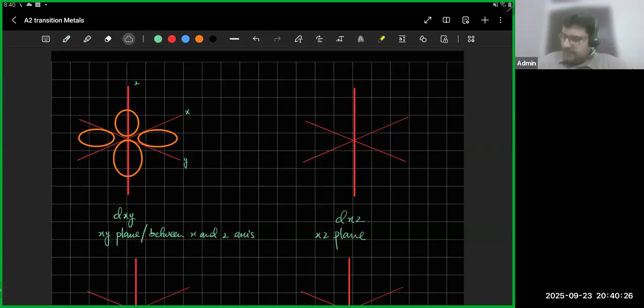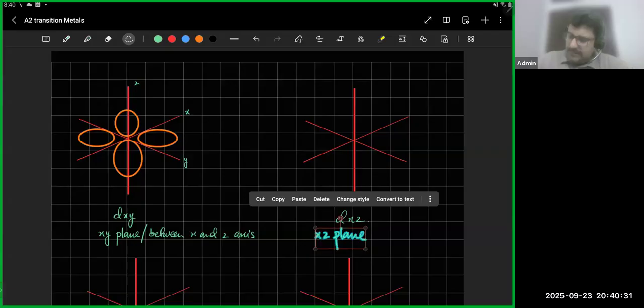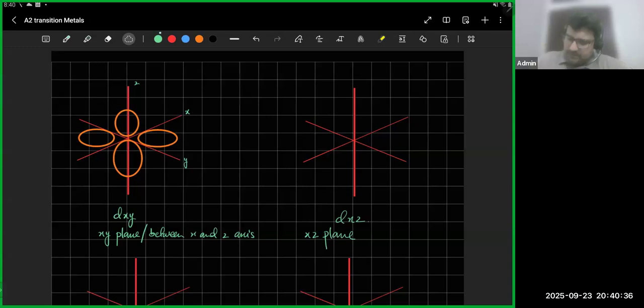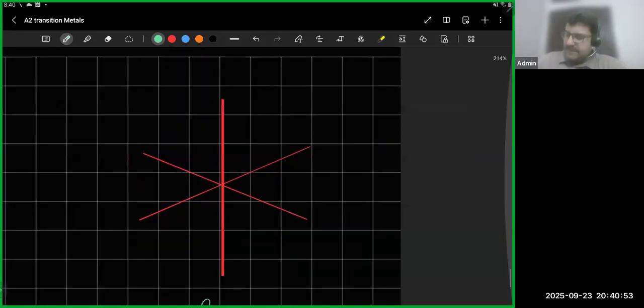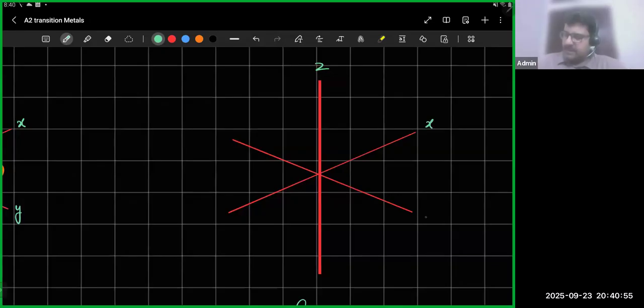And you can think of the electron density being between the X and Z. Sorry, this is Y. So over here, it's going to be between X and Z. So this is my Z-axis, this is my X-axis, this was my Y-axis.